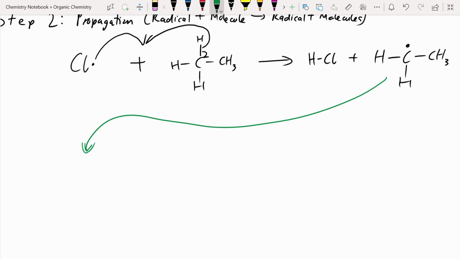It will go over right here. And another molecule that we haven't used yet is chlorine.